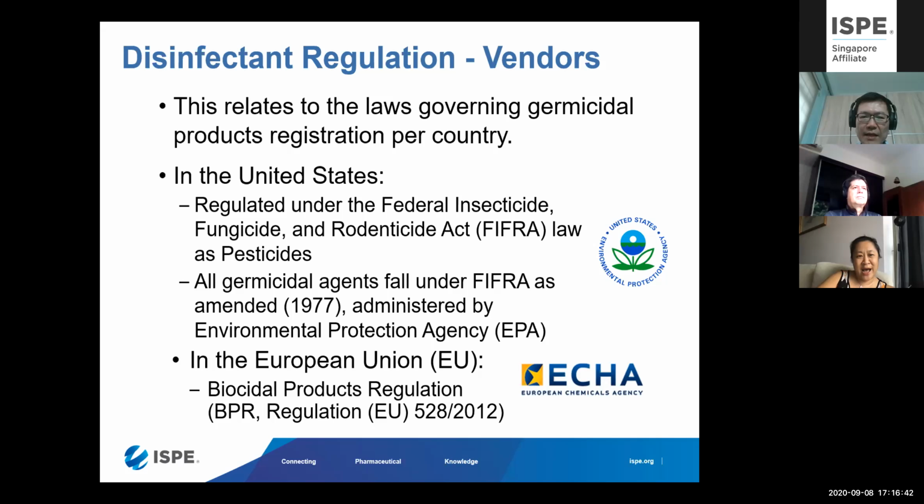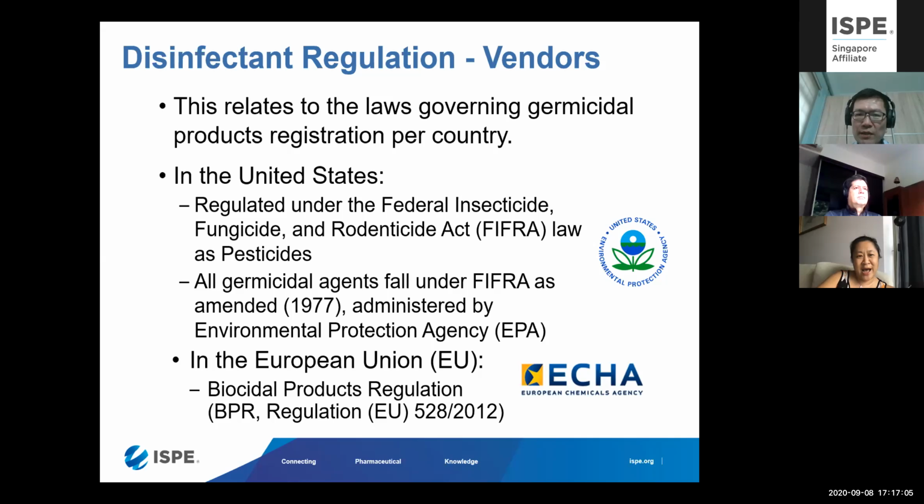Having said that, there are exceptions. If you are using chemical disinfectants as a sterilant to sterilize a medical device that goes into the patient's body, those cases fall under the FDA purview.